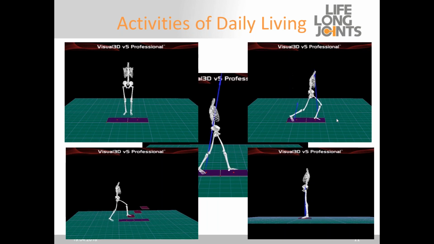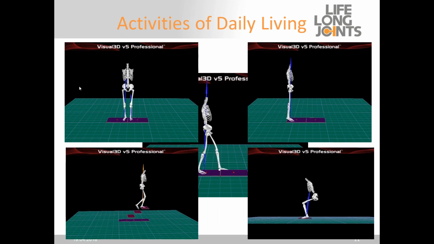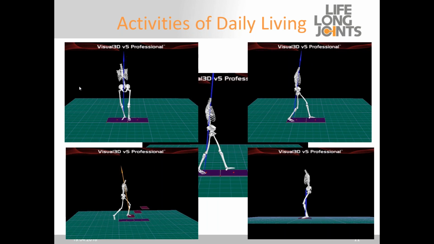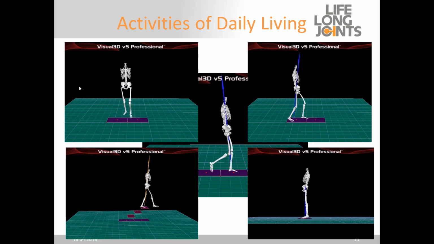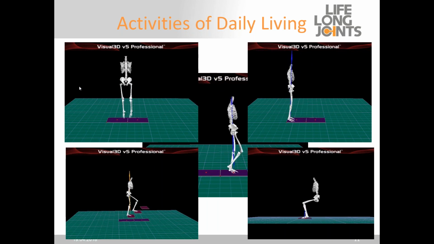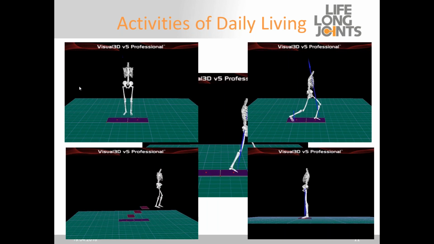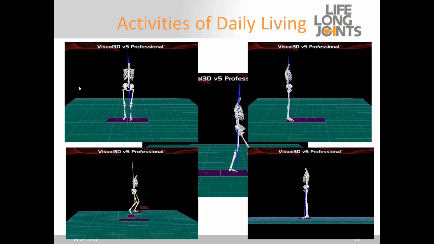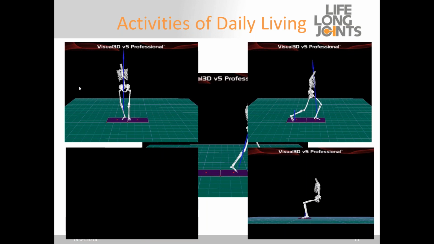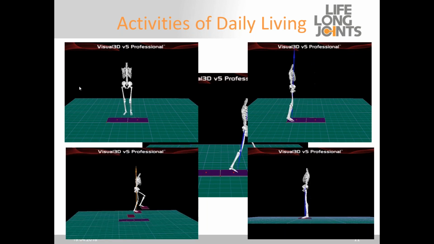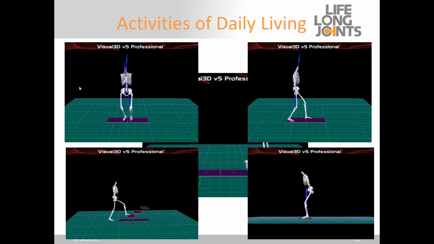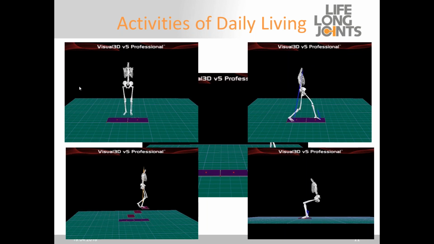We also asked some of the patients, and very few patients, to perform activities that they thought they were capable of and do on a day-to-day basis. So we can see at the top left, we had a patient jumping. This patient played tennis on a regular basis, and we also got some of them to jog. So we were trying to really look at some adverse conditions as well as some normal activities of daily living.